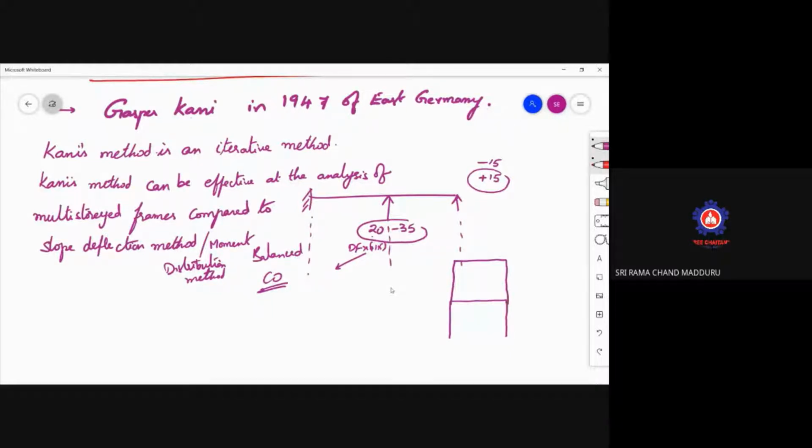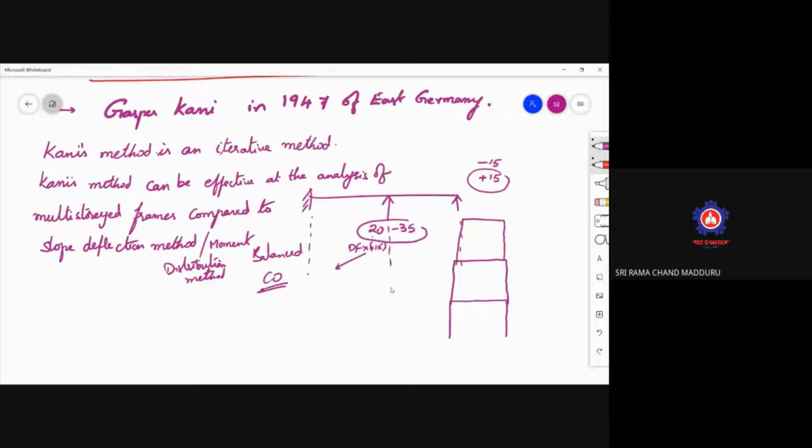You can see this is double story, and when another frame is also there, this is three story. Like this, a number of frames will be there. To analyze these frames, the slope deflection method or moment distribution method becomes very tedious.